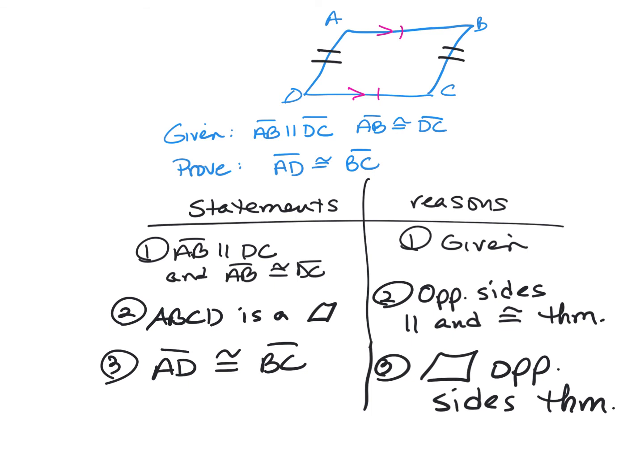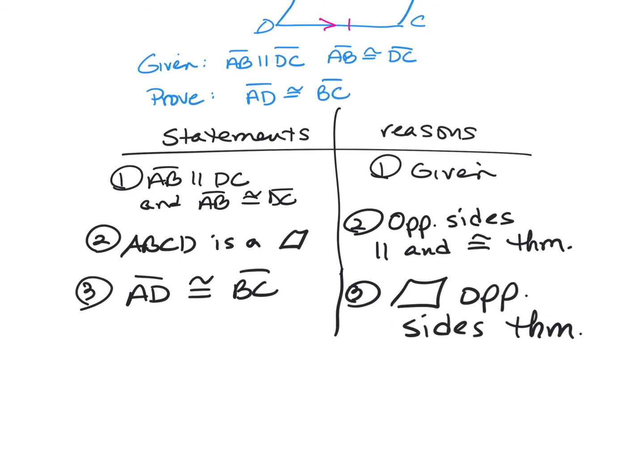So remember, the theorem is describing the properties of the parallelogram. The converses are proving that a quadrilateral is a parallelogram. So again, this one states that if a quadrilateral is a parallelogram, then opposite sides are congruent.